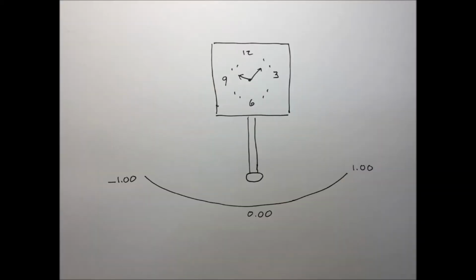Let's start talking about the meaning of correlations right now. What you see in front of you is a grandfather clock, the time with a large pendulum. Now, if this is a healthy clock, the pendulum can swing to the left to minus 1.0 and to the right to plus 1.0. I think you would agree that in this case, minus 1.0 does not mean that the pendulum swings not as far as when it swings to plus 1.0.